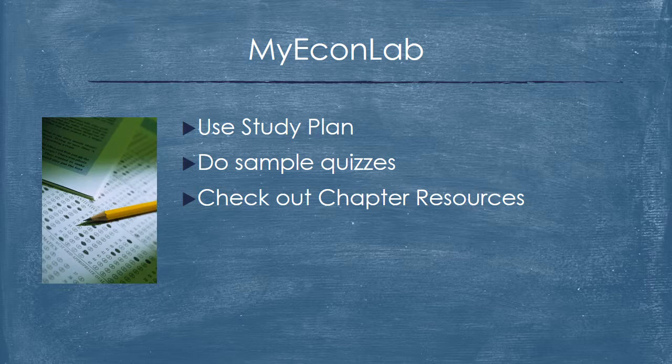So play around there, check out especially the animations and the study guides, and it might even be a good idea to save those study guides as PDFs or print them out and keep them for studying for your midterm and your final.